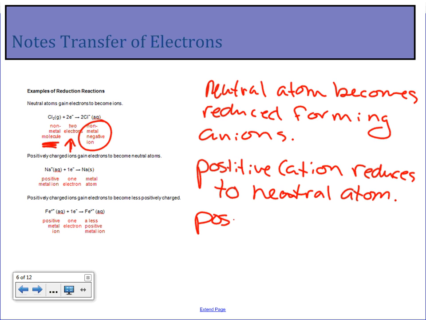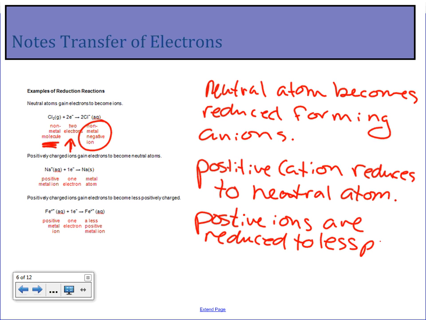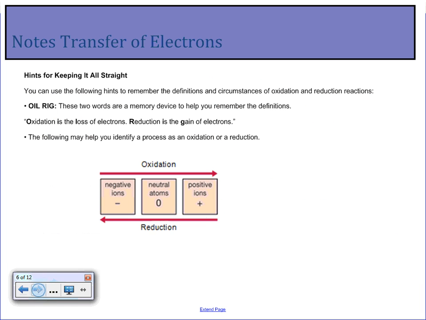Okay, so positive ions are reduced to less positive ions. Okay. So we've got some options here.